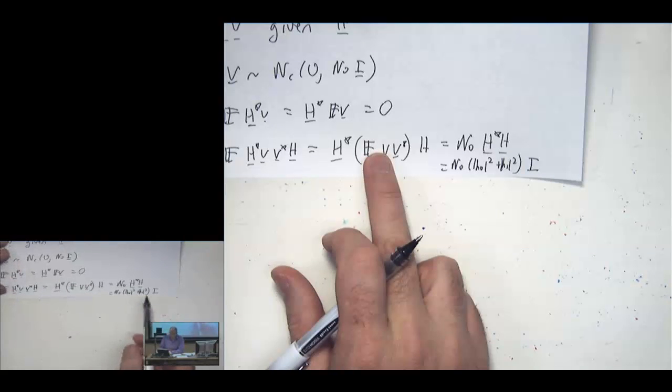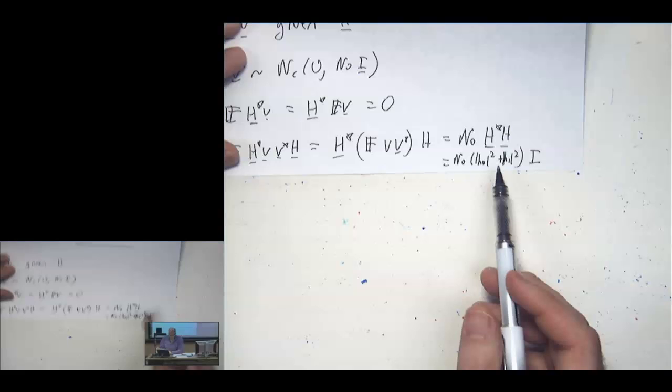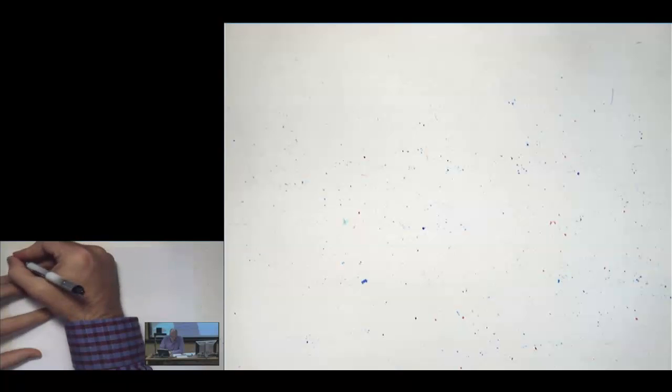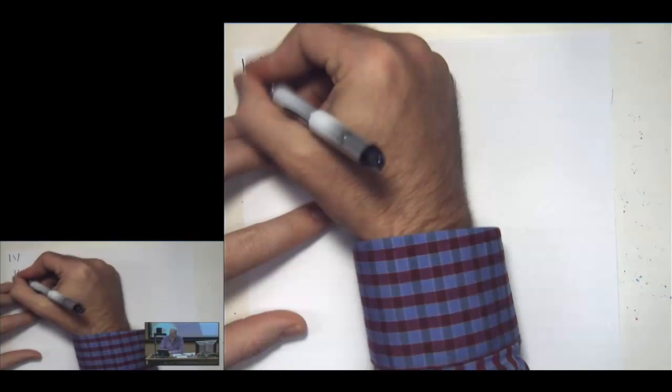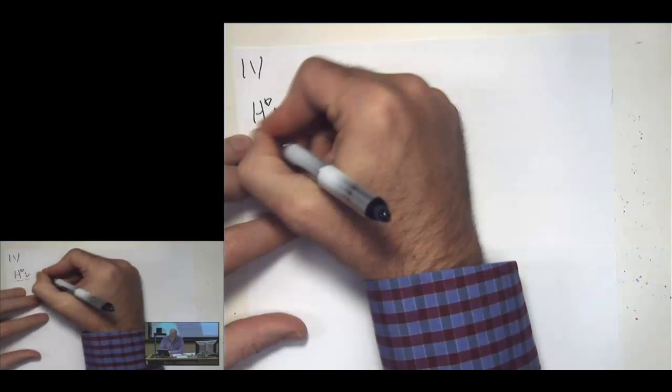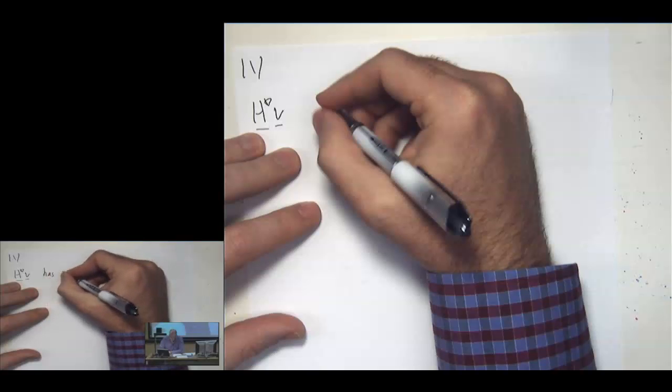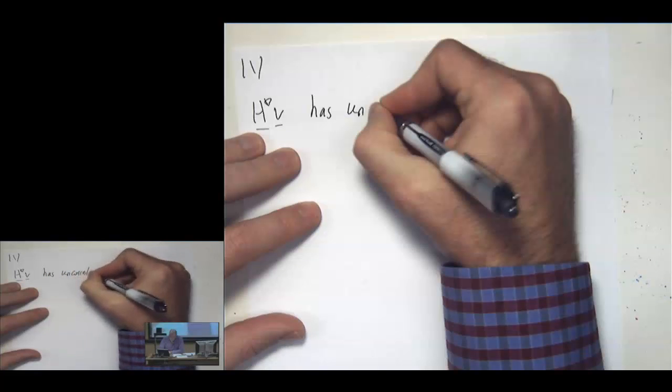So basically what we're saying is that, I guess I need to write on another piece of paper here. All right. So what we're saying is that this noise vector here has uncorrelated entries.